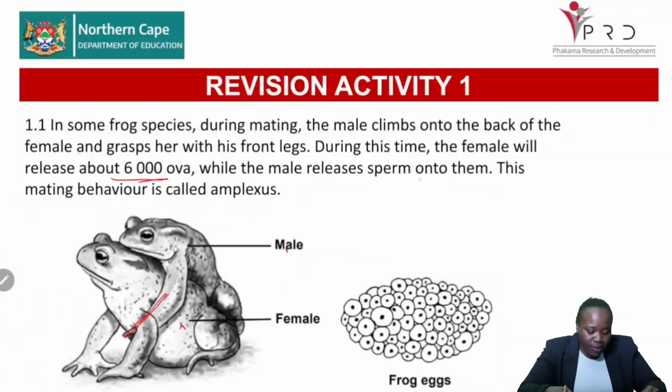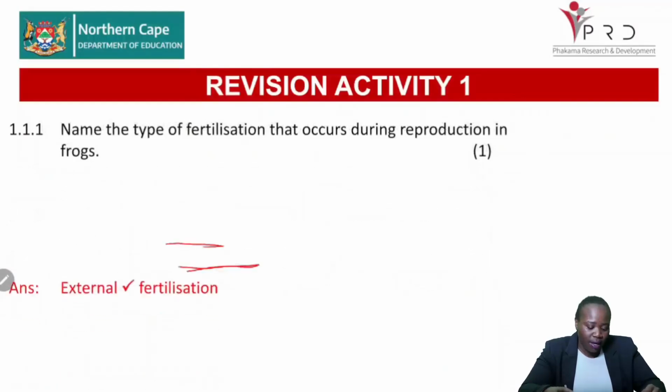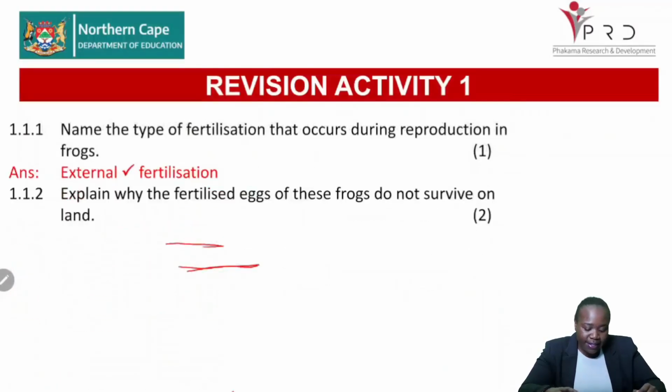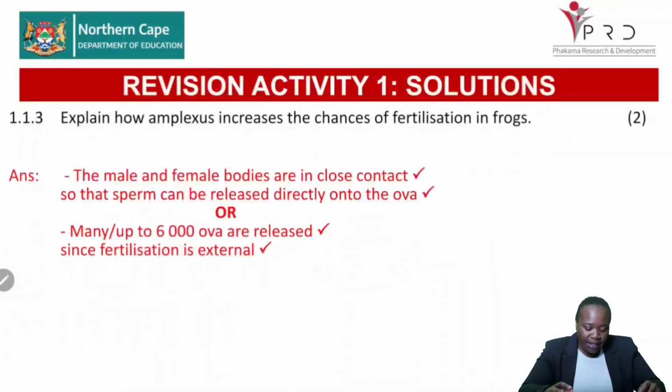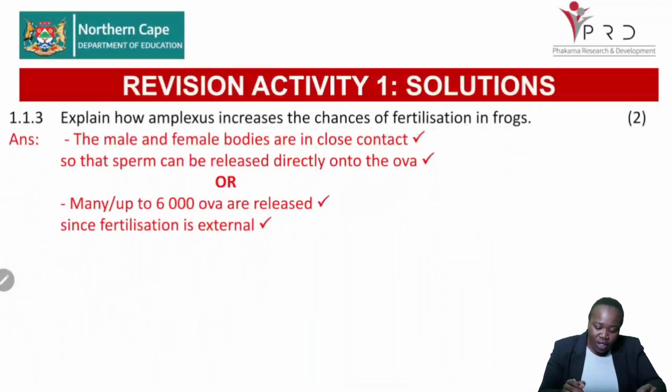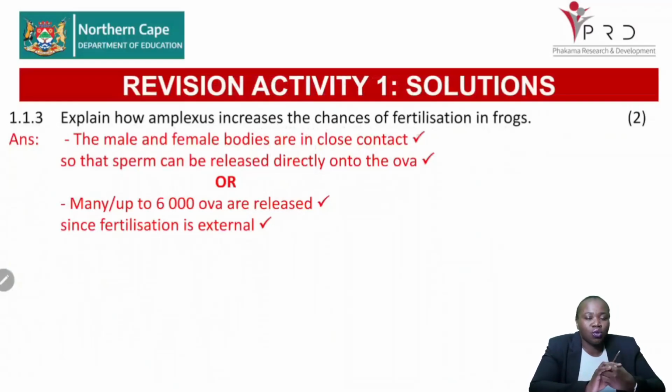Now 6,000 ova is a lot of ova to be released at the same time, meaning that the chances of fertilization are going to be increased because of the number, as well as because they are in close contact. The male is in close contact with the female as he climbs over the back of the female and releases the sperm cells over the egg cells.